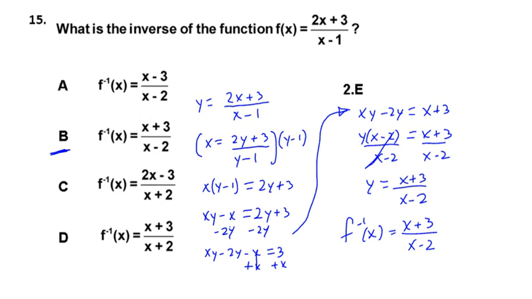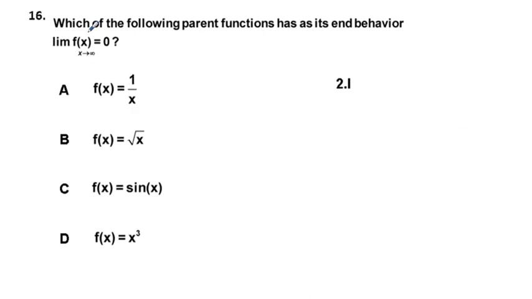16. Which of the following parent functions has as its end behavior f of x as x approaches infinity equals 0? Well, we covered this a couple weeks ago when we examined the parent functions of precalculus.